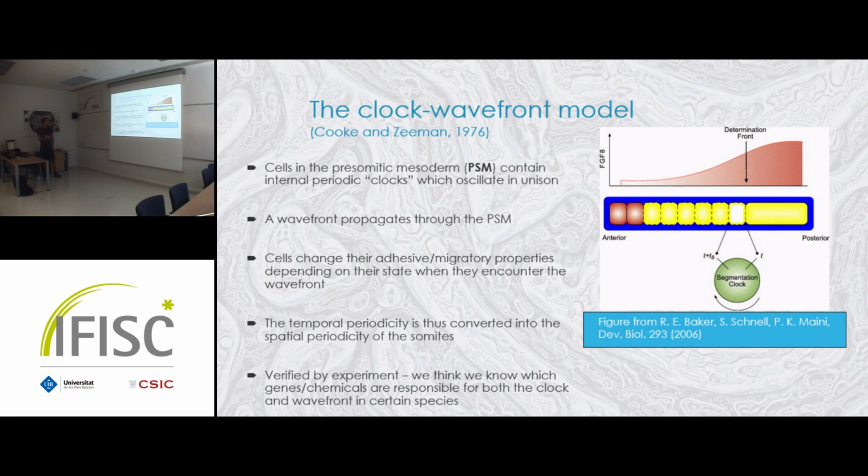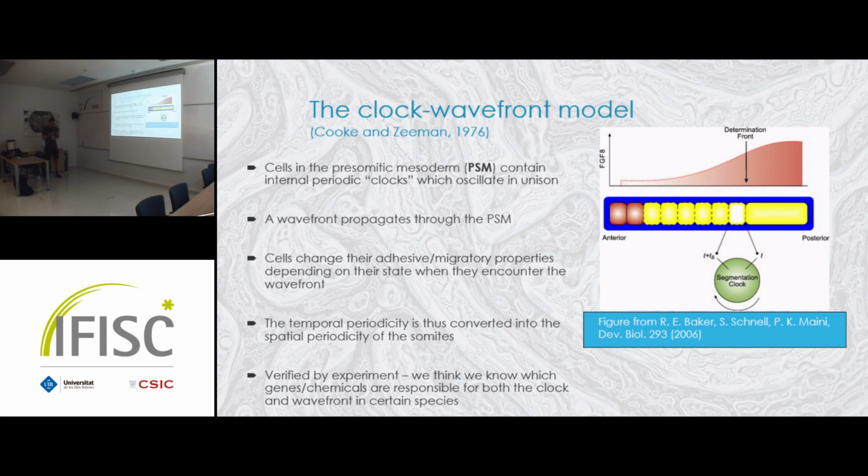possesses some internal clock, and each of these clocks oscillates in some sort of rhythmic manner, and each of the cells in the presomitic mesoderm agrees on what time it is, if you like. So they all oscillate in unison. The idea is then that a wavefront propagates through the PSM, and as it does so, when it encounters cells at different points of the cycle, it interacts with them differentially.